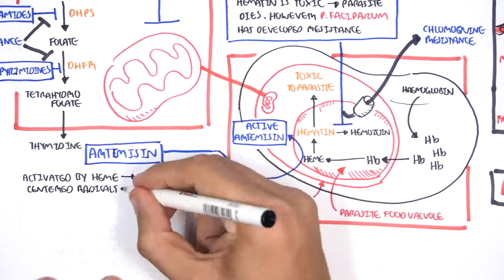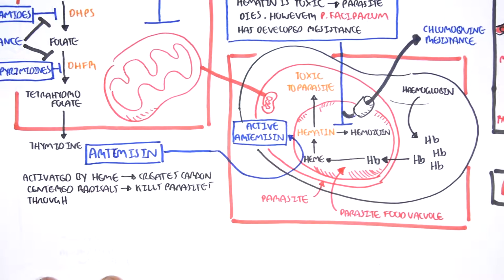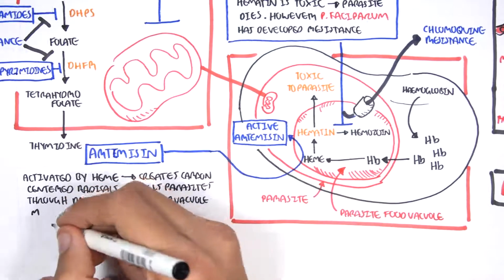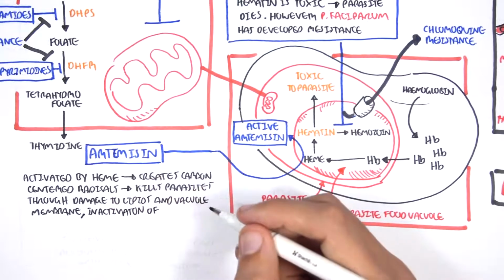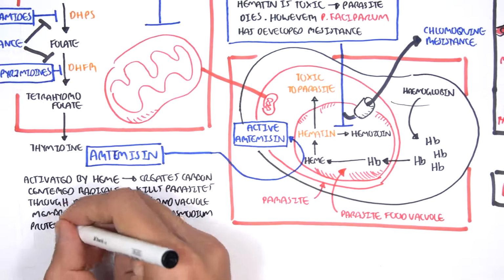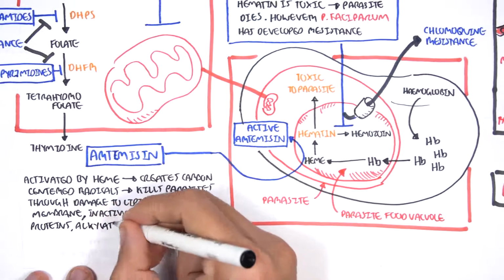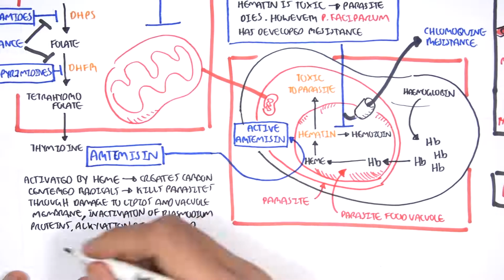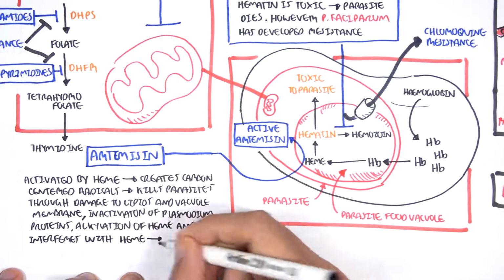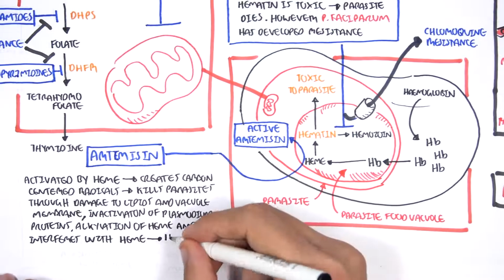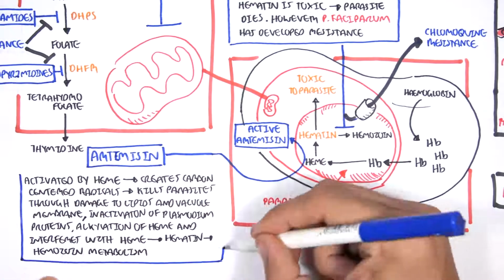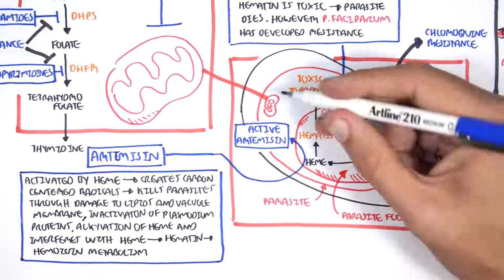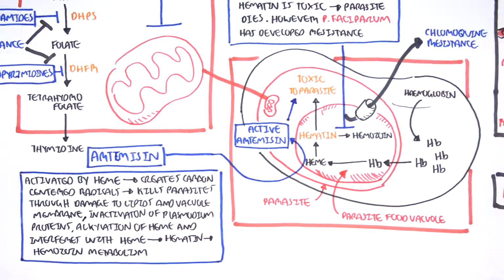The free radicals formed kill the parasites in several ways. They damage lipids and vacuole membranes, or they inactivate the Plasmodium proteins, alkylate heme, and also interfere with the conversion of hematin to hemozoin. Thus, it will increase hematin in the parasite, which is toxic to the parasite. So all in all, active artemisinin is toxic to the parasite.